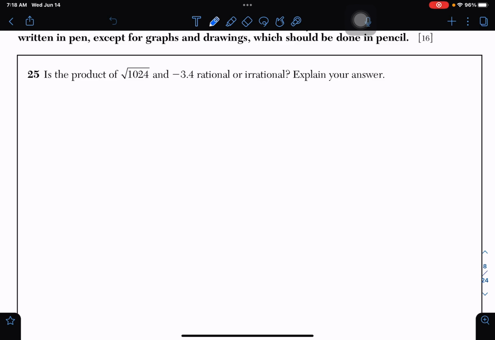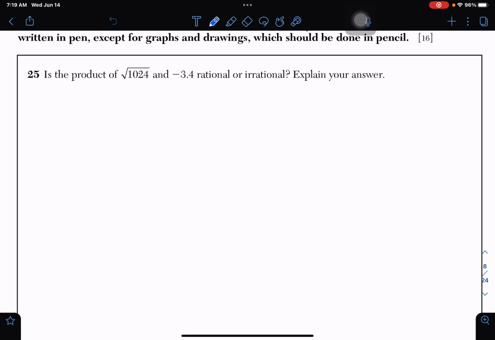All right, so we've been working on June 2022, and we're on part 2. So 25, the first thing you have to do is check to see whether or not the square root of 1024 is a rational number.